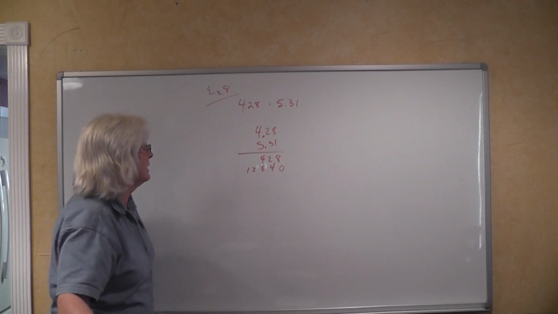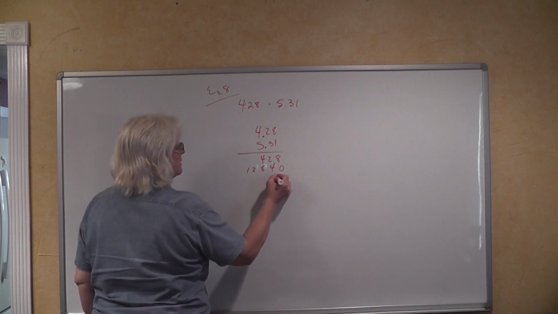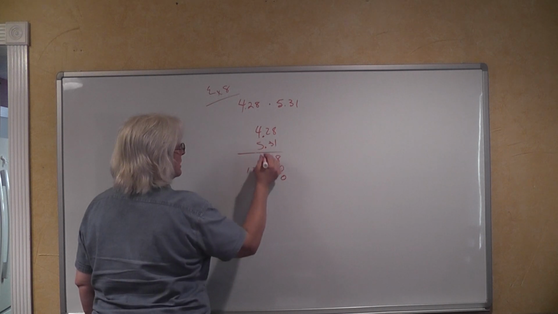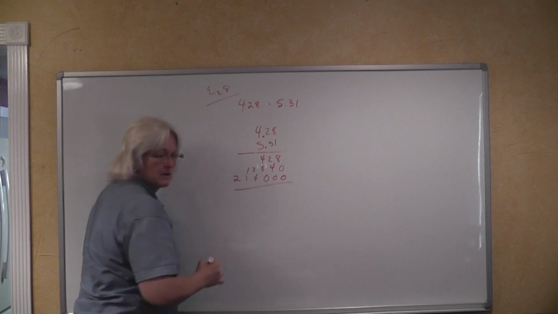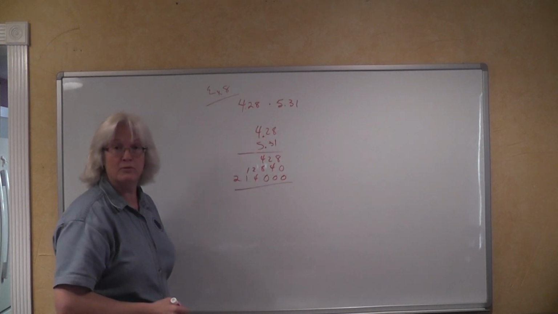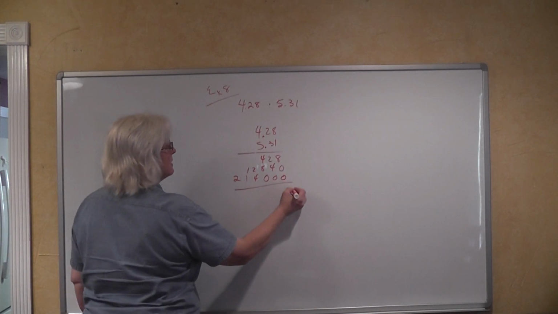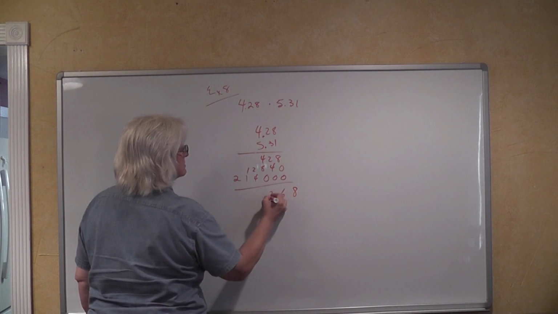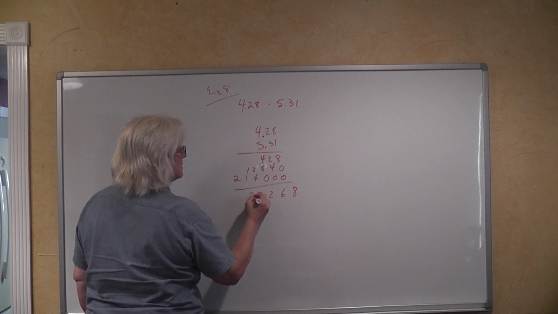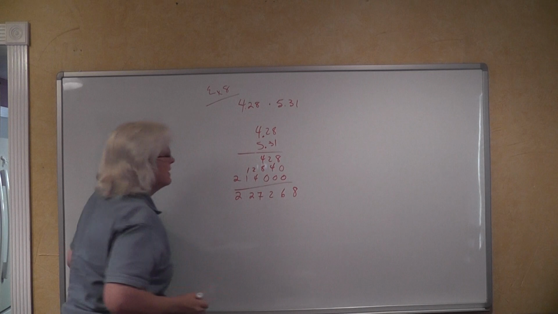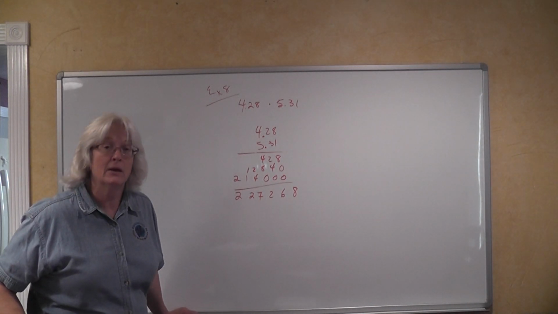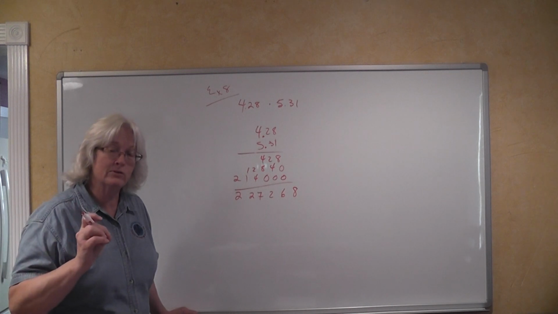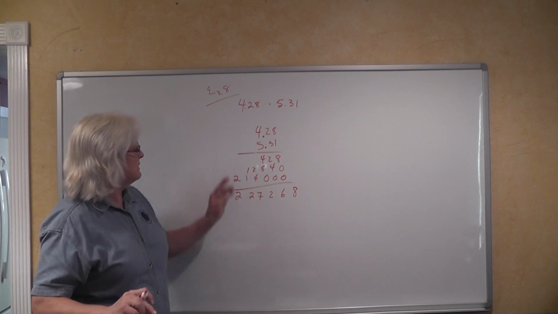Now we're going to multiply by 5. 5 times 8 is 40, carry 4, 21. Now we add 8, 6, 2, 7, 2, 2. And we end up with 227,268.